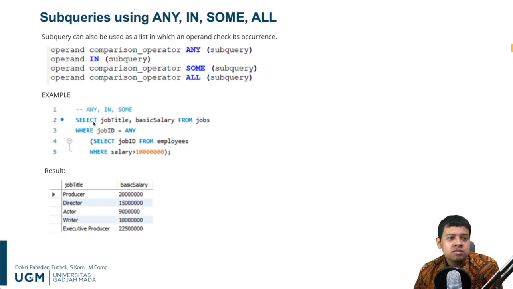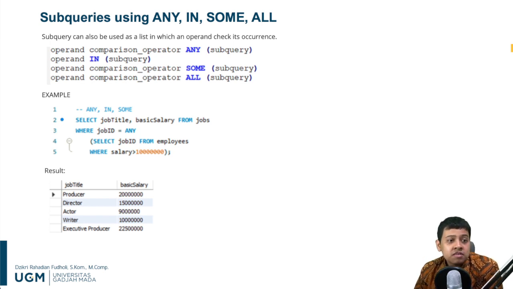The example is select job title, basic salary from jobs where job ID is equal to any select job ID from employees where salary is more than 10 mil. In here, select job ID, we get a few job IDs.